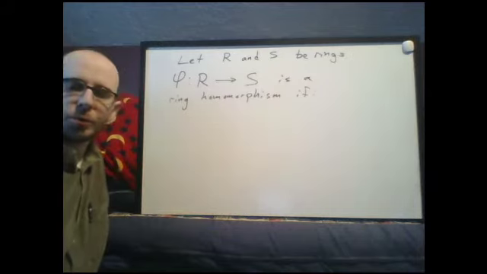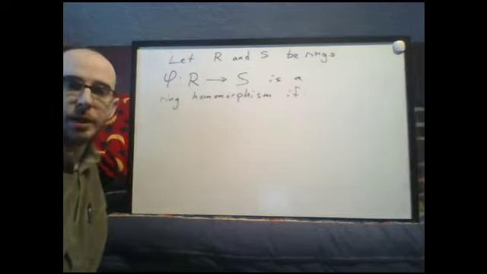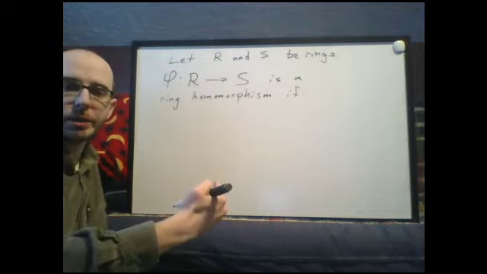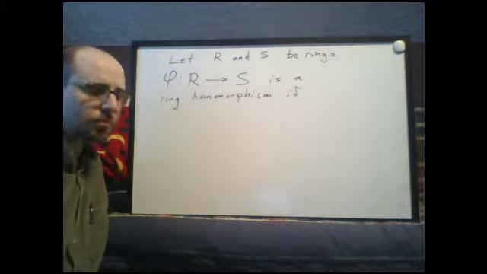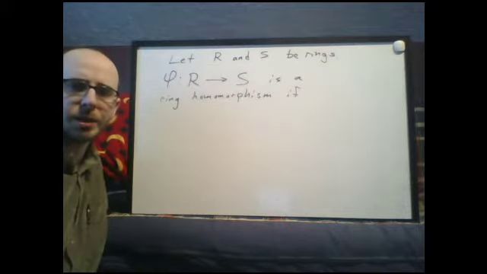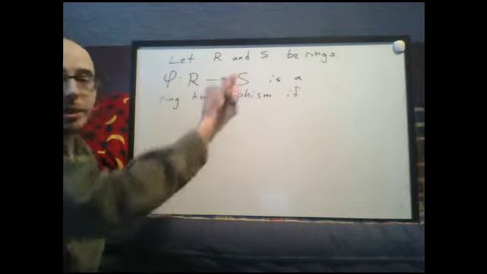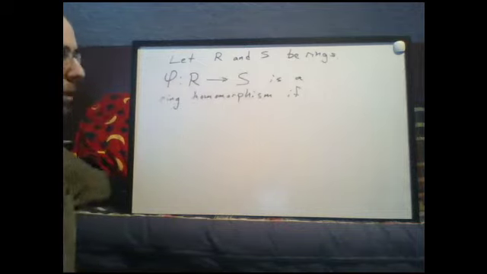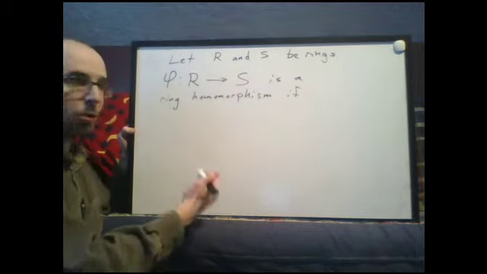Like we remember from group theory, a group homomorphism was a function between groups that turned the operation in the first group into the operation in the second group. So the idea of being a homomorphism is about a function preserving operations. In rings we have two operations to worry about, addition and multiplication. So a ring homomorphism needs to preserve both operations.